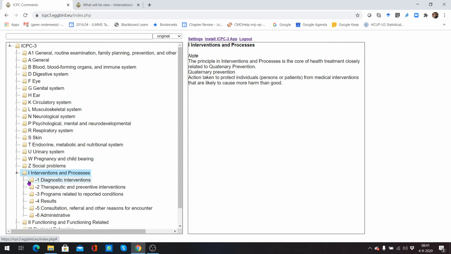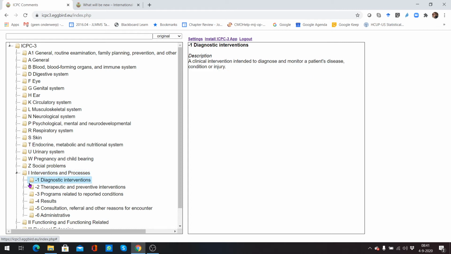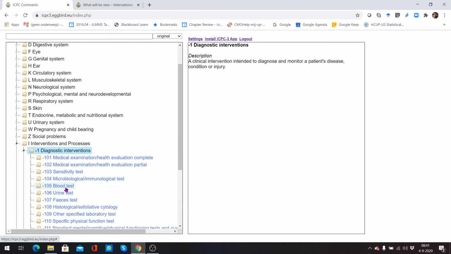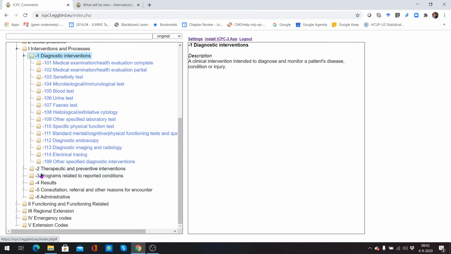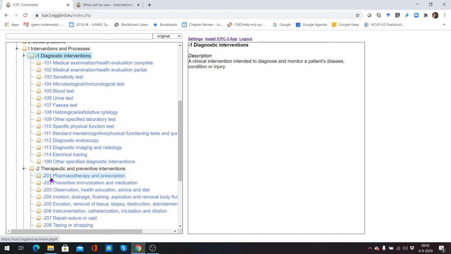Both the diagnostic interventions, such as, I click on it, do a physical examination, ask for a blood test, as well as the therapeutic interventions, prescribing medication, vaccination, giving information, can be coded.